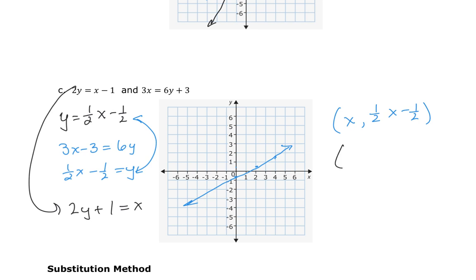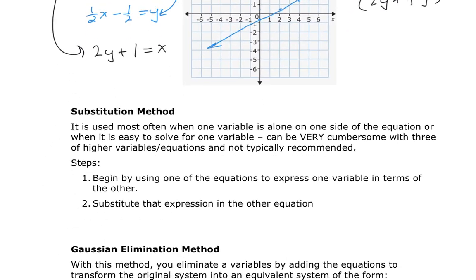And then I could answer it as 2y plus 1 and then comma y. Now either one of these would work. They're both parameterizations because I have a single line, and so these two lines, which are the same thing, are going to intersect an infinite number of ways.